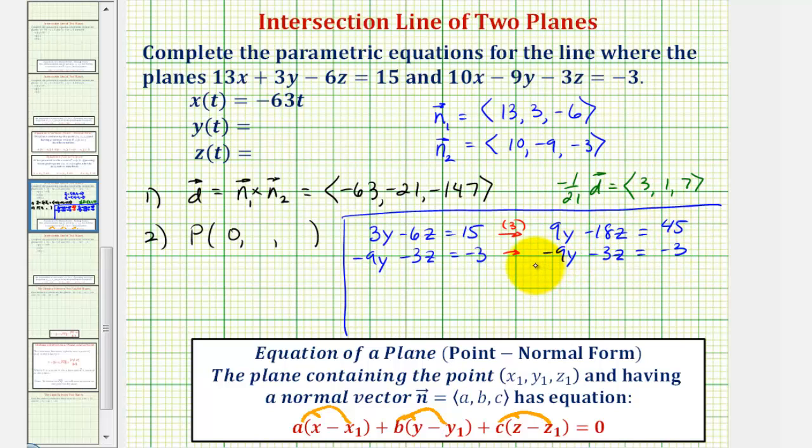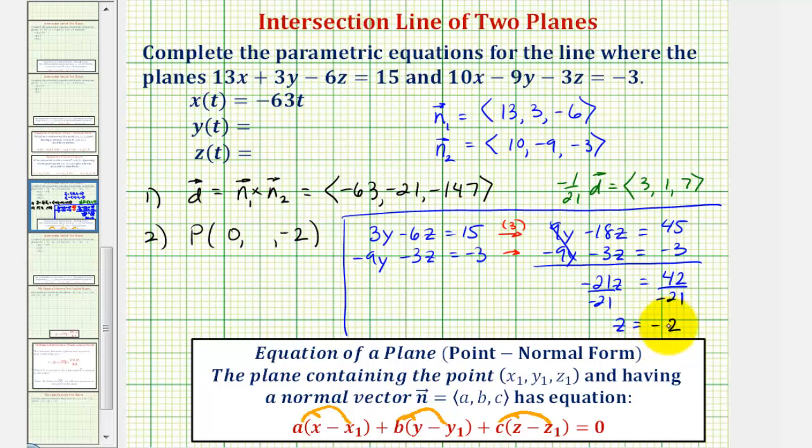We add the equations to eliminate y. This gives us -21z equals 42. Dividing both sides by -21, we know the z-coordinate must be -2. I'll perform back substitution in order to find y.